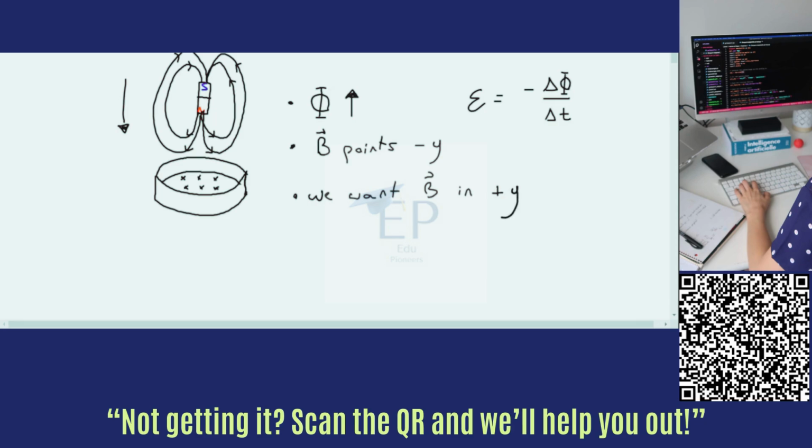And to do that, by the right-hand rule, if we point our thumb in the positive y direction and curl our fingers around, we can see that the current will go in the counterclockwise direction, like this.